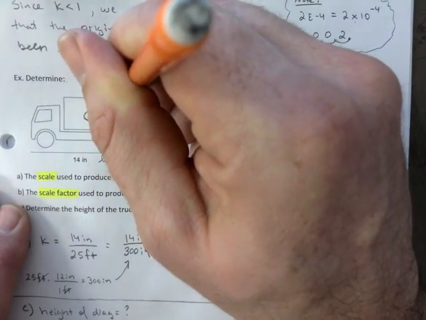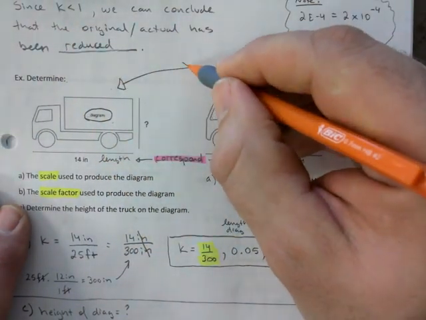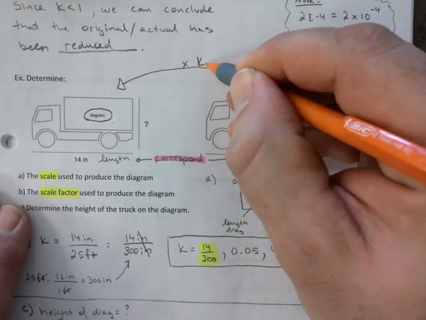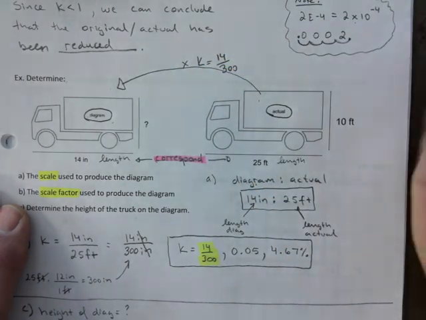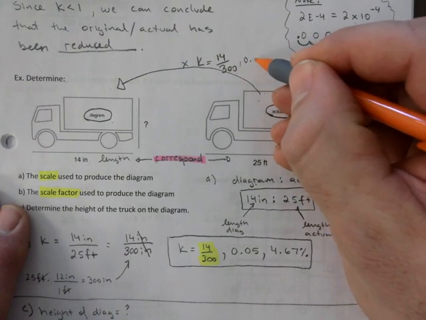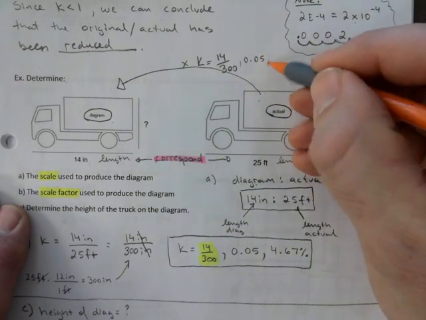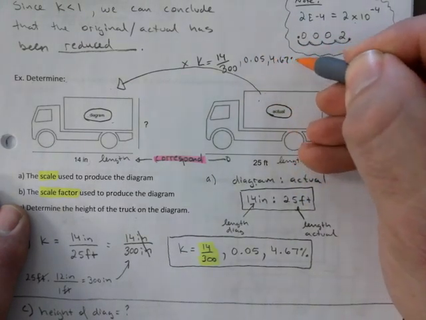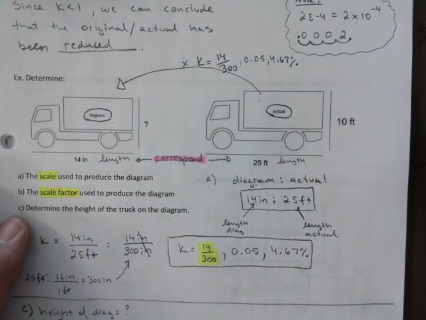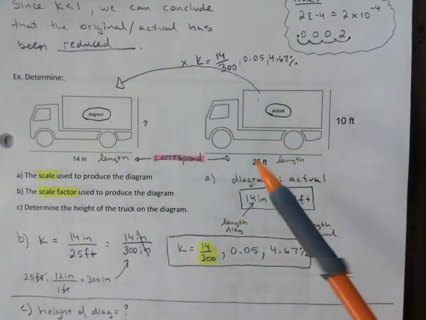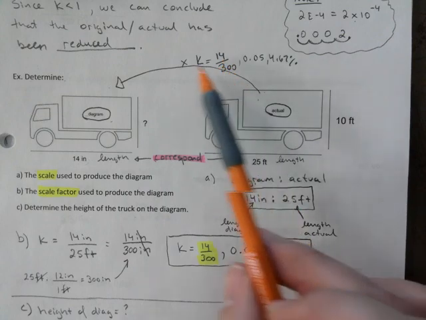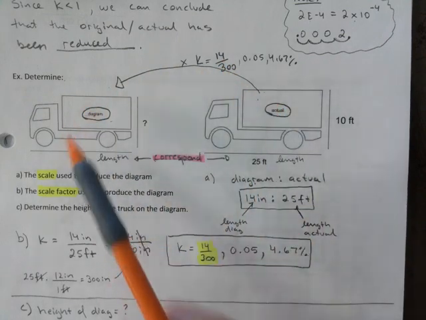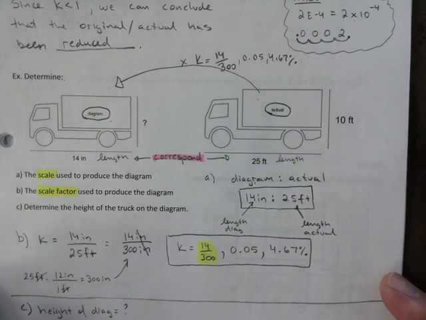Everything got affected by a scale factor of K is 14 over 300, which is 0.05, which is 4.67%. So we can tell just by, don't even look at the diagram or at this visual, K is less than 1, so a reduction happened, right? It got reduced, which is to be expected.